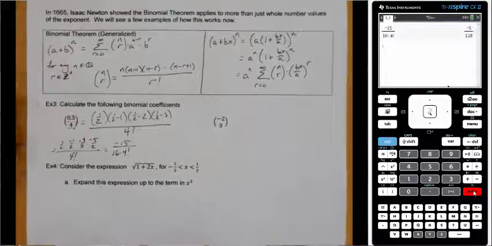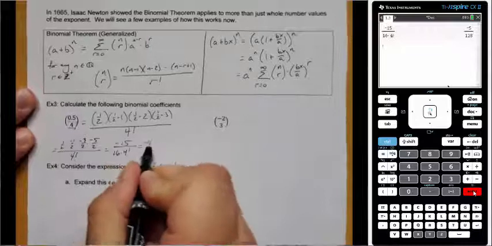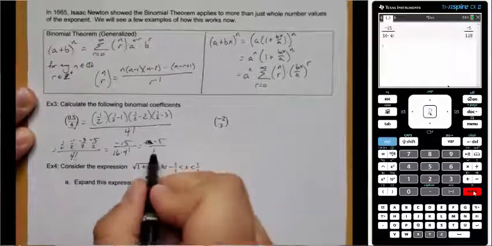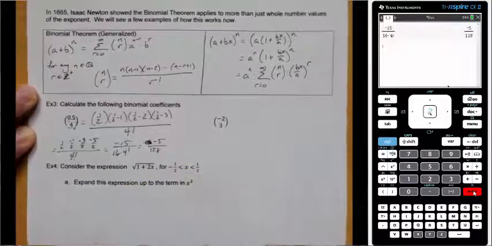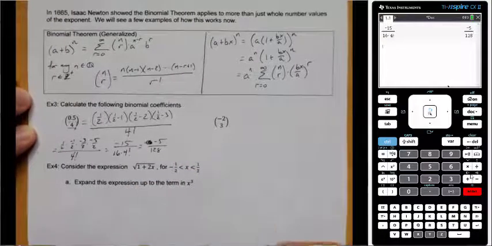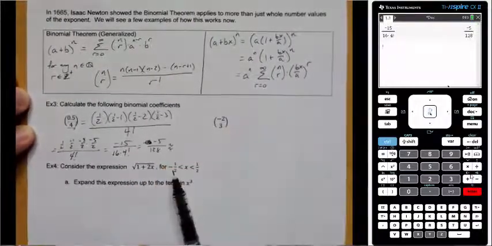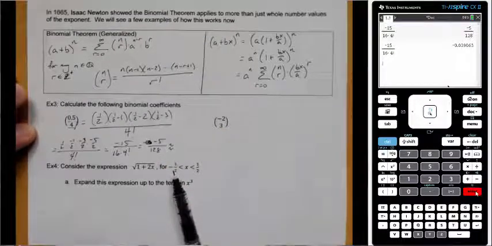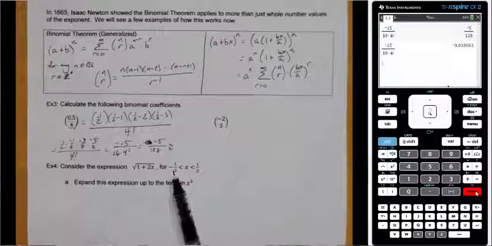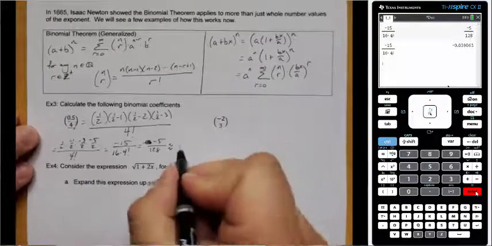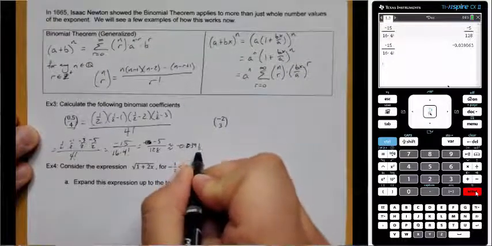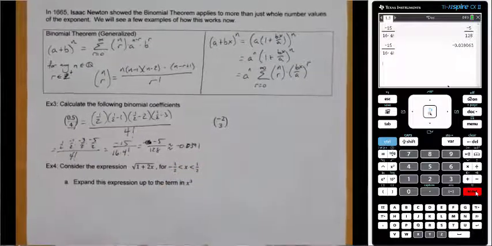Hit enter, and that tells me this is equal to negative 15 over 16 times 24, which reduces to minus 5 over 128, which is approximately negative 0.039063. Voila. Maybe 3 sig figs here.